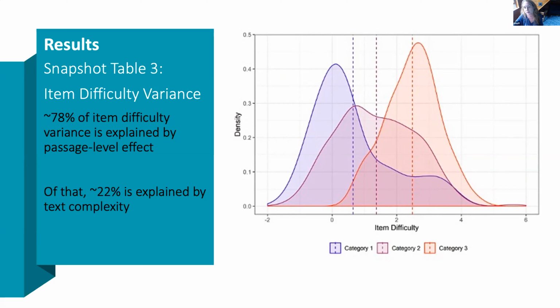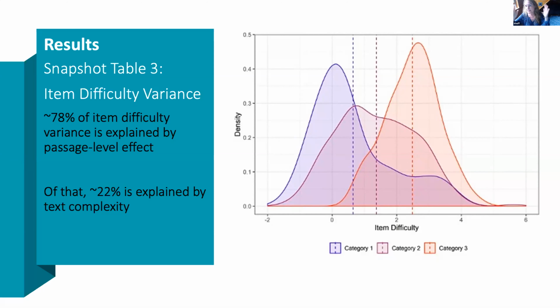But what you see here is that for the 3 categories of ratings for this analysis, the distribution of item difficulty associated with passages with these ratings is pretty clear. And you can see that from these three distributions. And according to the results, about 78% of item difficulty is explained by a passage level effect, not text complexity, but just an overall passage level effect, which could have a lot of different things going on in there, right?